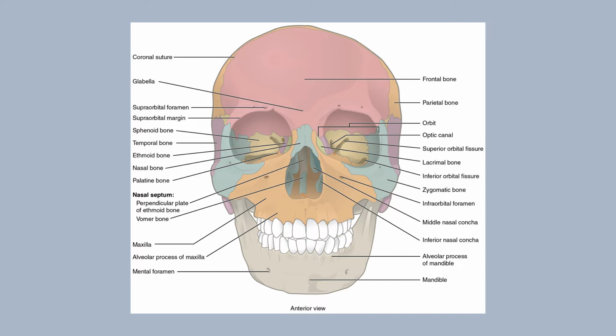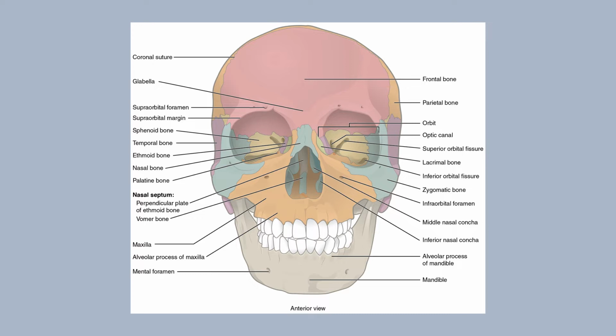To give you an idea of some of the bones, and like I said, the ones that you need to know are listed under the review in the lab manual. But here are some that you need to know in the very front. This is obviously the front view of the skull.